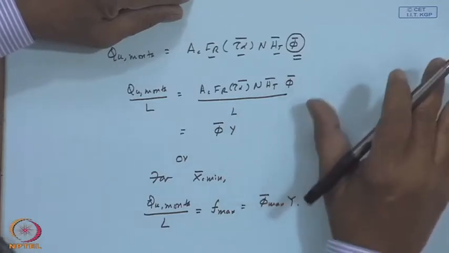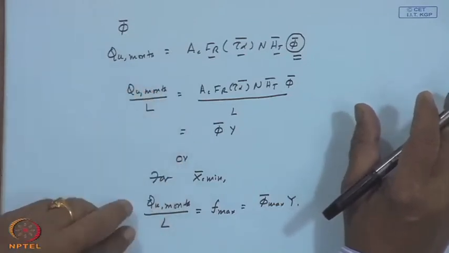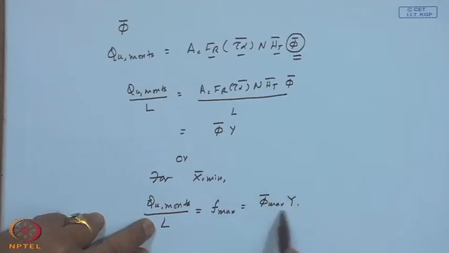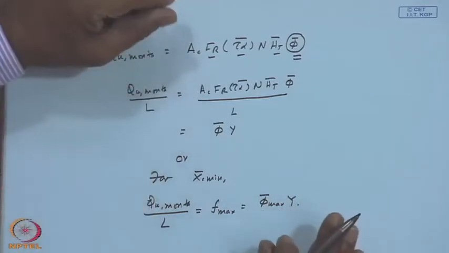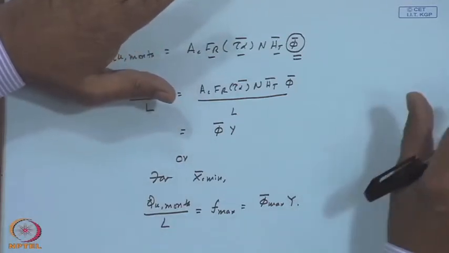So, if phi bar max is the corresponding utilizability for the x c bar minimum, in a way this Q u month, if I normalize with the load, I will have a product phi bar max y, which in one sense is the absolute maximum solar load fraction that the system can supply without other calculations.